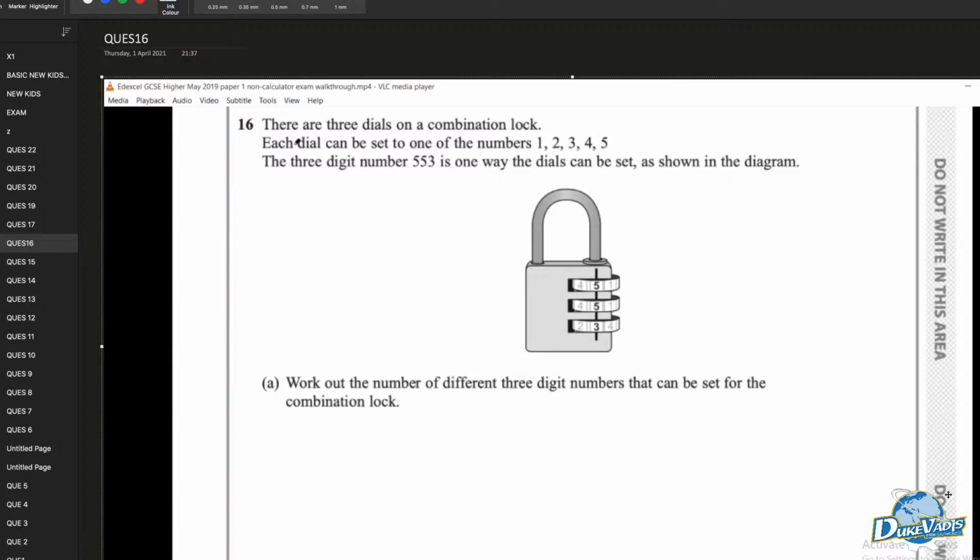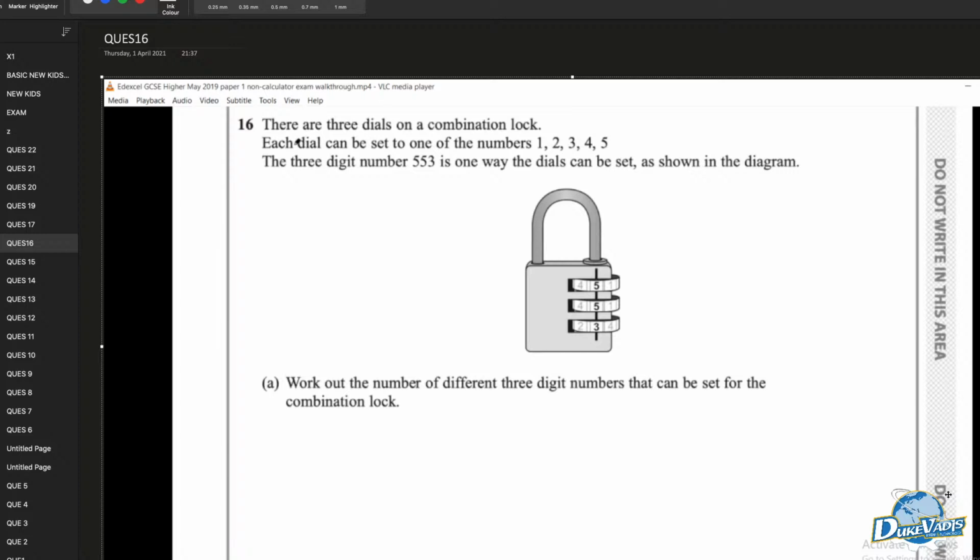It said there are 3 dials on a combination lock. Each dial can be set to one of the numbers 1, 2, 3, 4, 5.